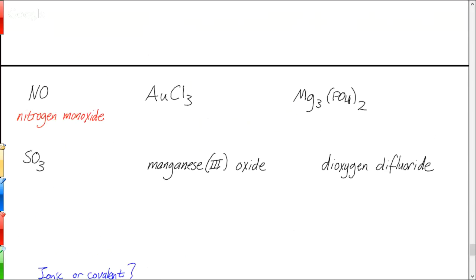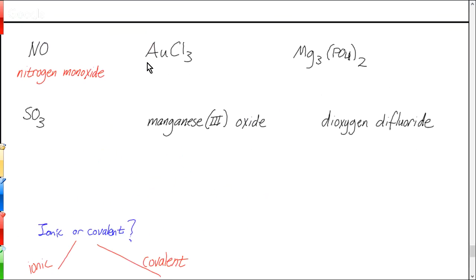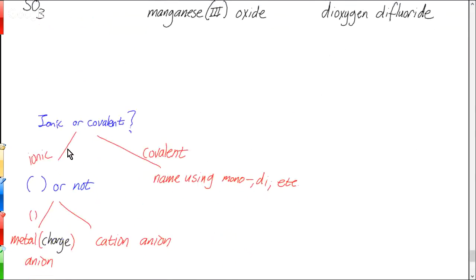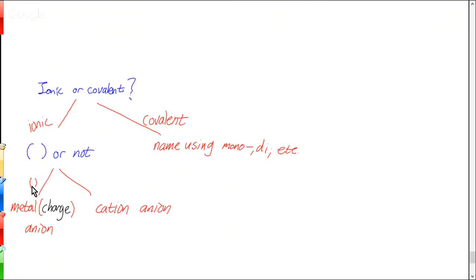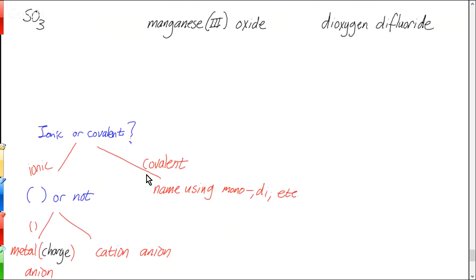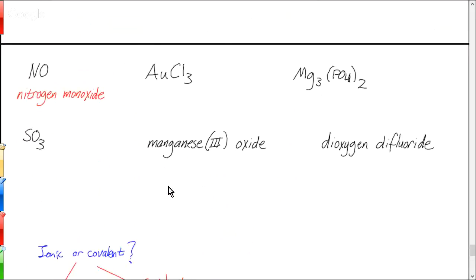Okay, next one over. Same thing. Let's look at the flow chart again. AuCl3, is that ionic or covalent? It's ionic. How do you know? Has a metal in it, has gold in it. Is gold an ion that would have different possible charges or always a fixed charge? Different possible charges because it's in the middle. So that tells us right now that we can write down most of the name, gold with parentheses, chloride.